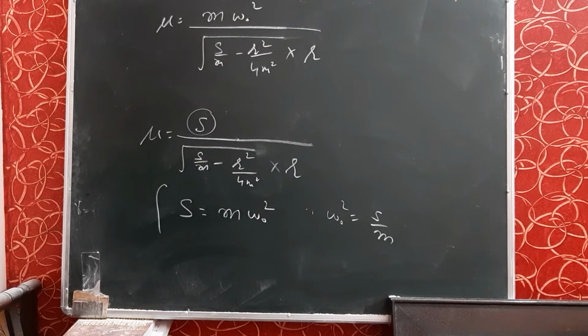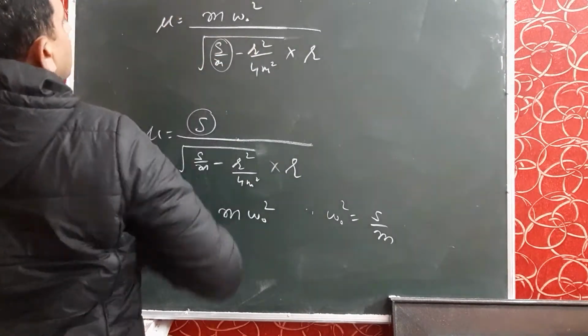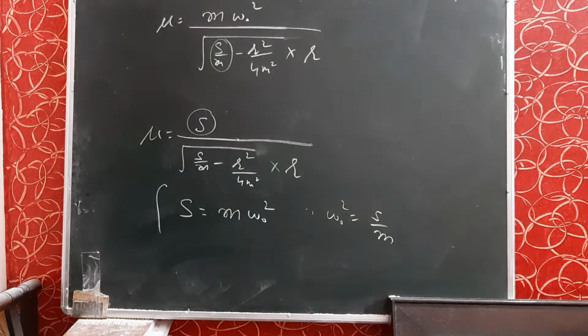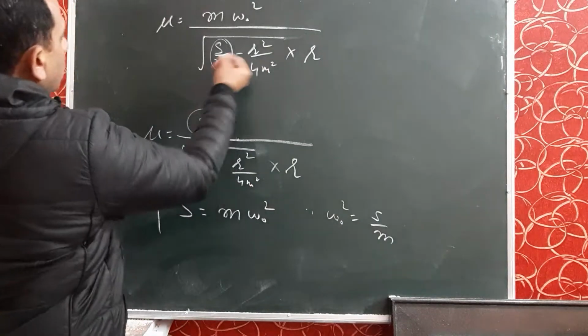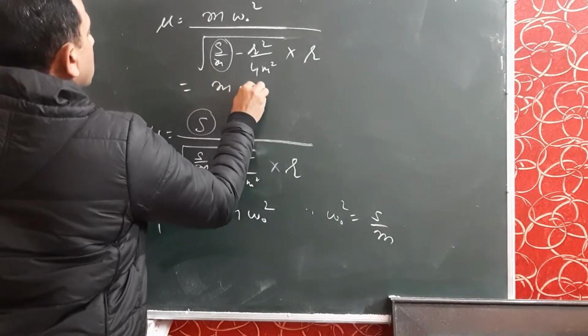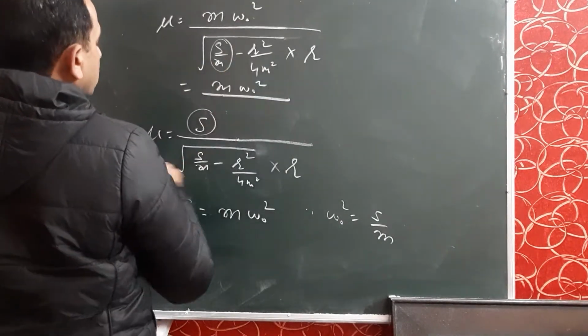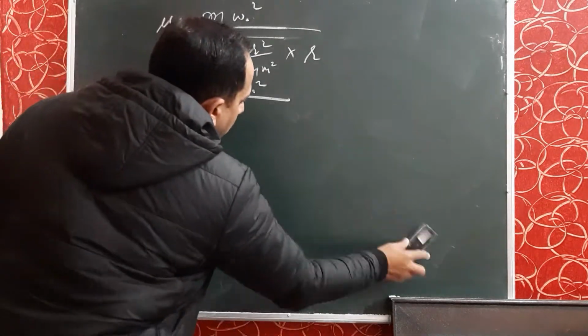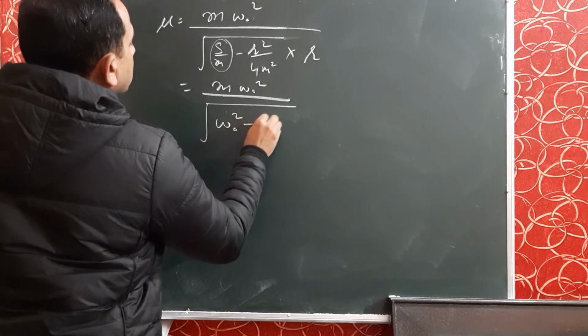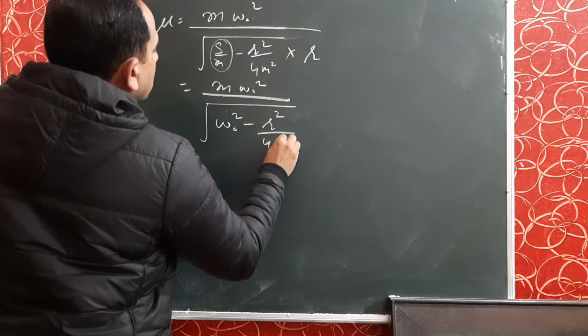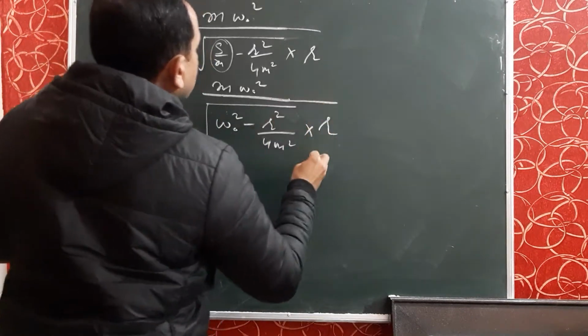Since s by m is equal to omega naught square, this is m into omega naught square over the square root of omega naught square minus r square upon 4m square, into r.